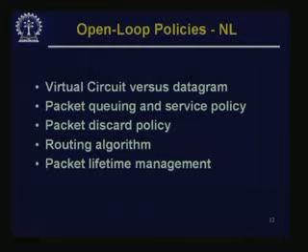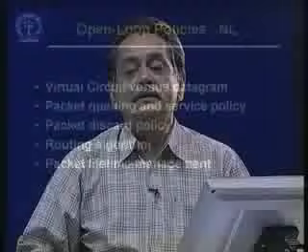And then at the network layer you can have virtual circuit versus datagram. This is an important issue and we will look at it in more detail when we discuss QoS and multimedia communication.